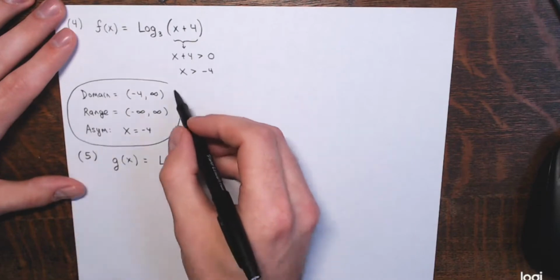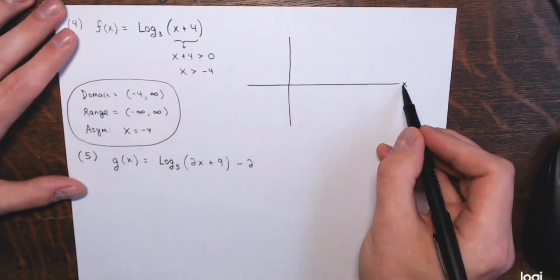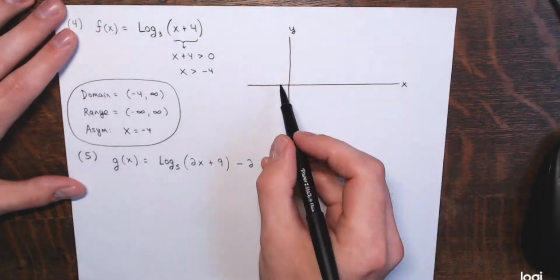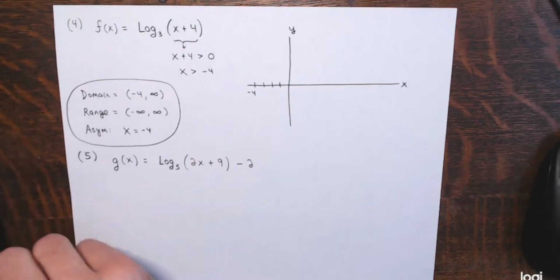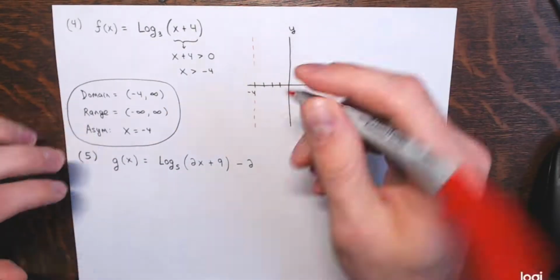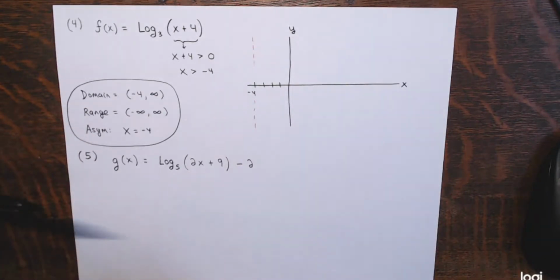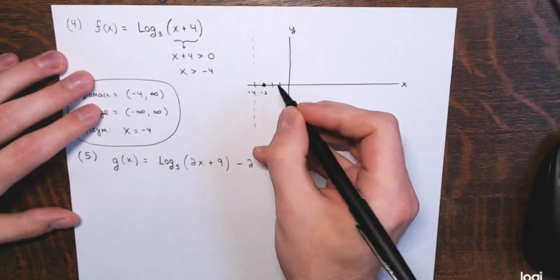Again, a very rough sketch here, real quick. I think this might be the last one I do. Negative 1, 2, 3, 4. There's where the asymptote's going to be. If I plug in negative 3, you have an output of 0, because that'd be the log of 1.